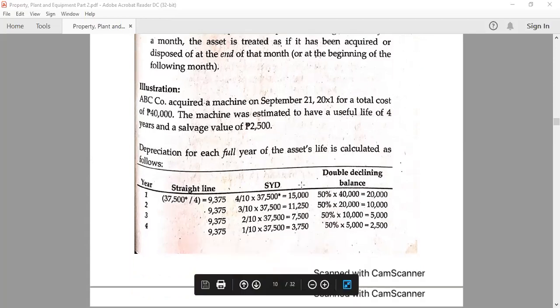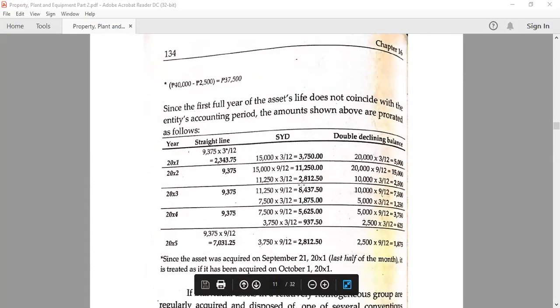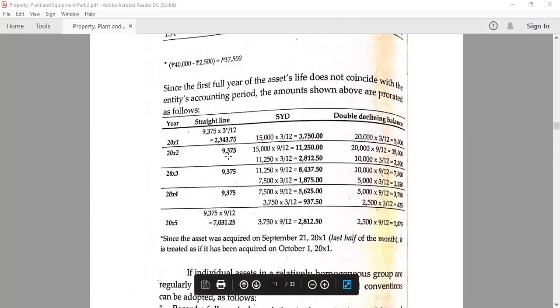We can check in the next page that for 20x1, it's actually 3/12 because in a year, there are 12 months. And then for the purposes of counting, we actually excluded September.